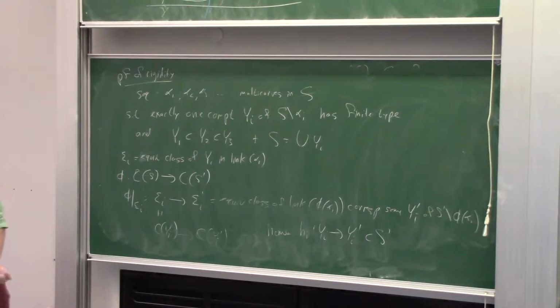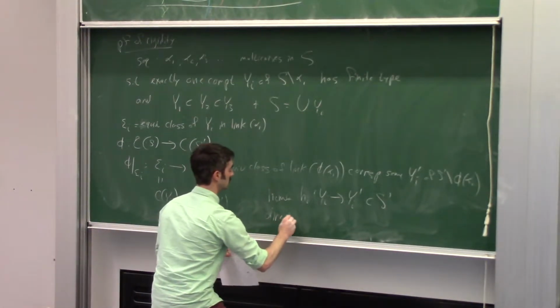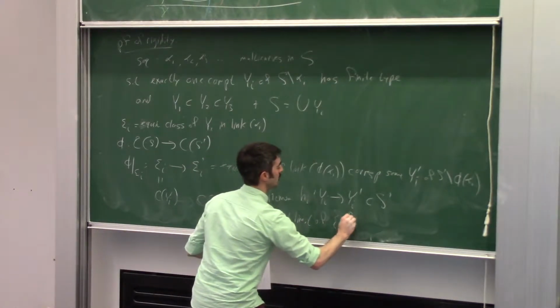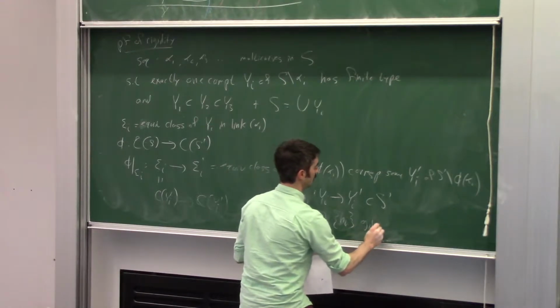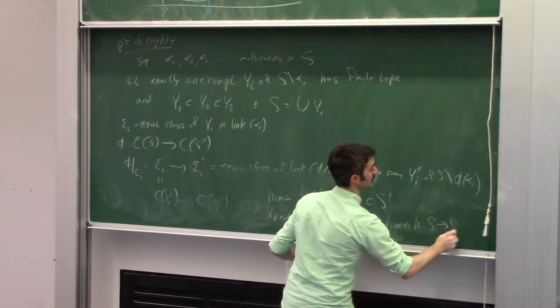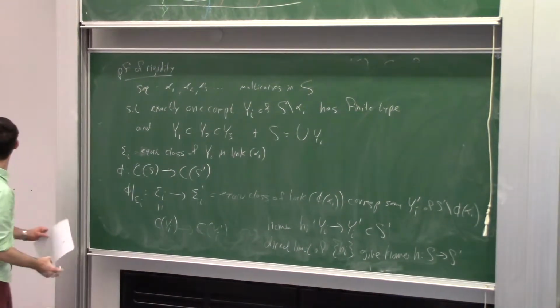Okay. And then now I can just take a direct limit of these homeomorphisms, and it gives a homeomorphism H from S to S. Right.